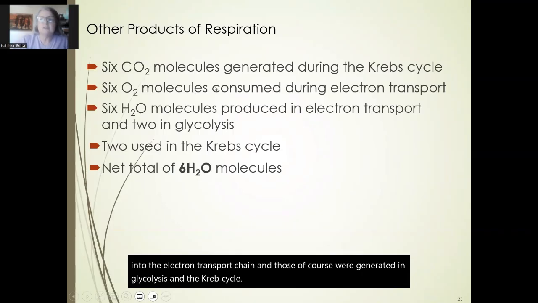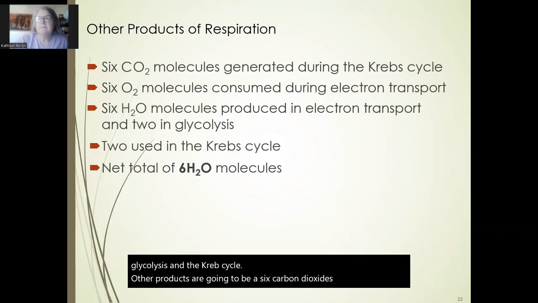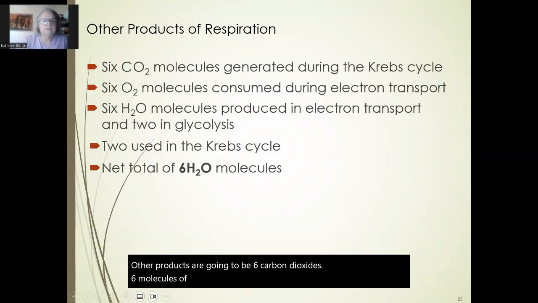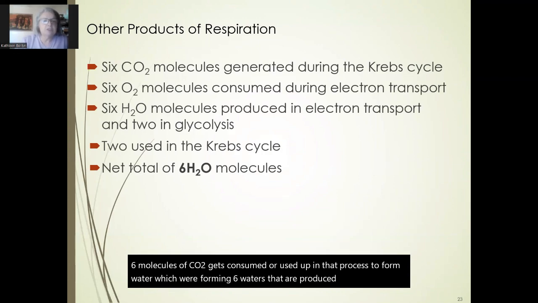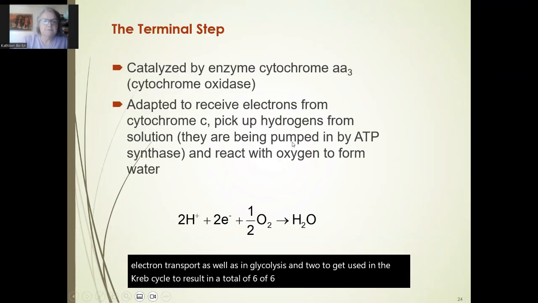Other products are going to be 6 carbon dioxides, 6 molecules of O2 gets consumed in that process to form water, which we're forming 6 waters that are produced during the electron transport as well as in glycolysis, and 2 get used in the Krebs cycle to result in a net of 6 water molecules.